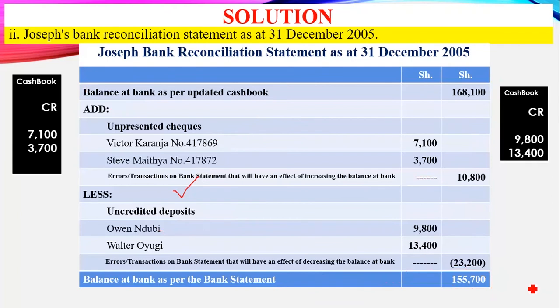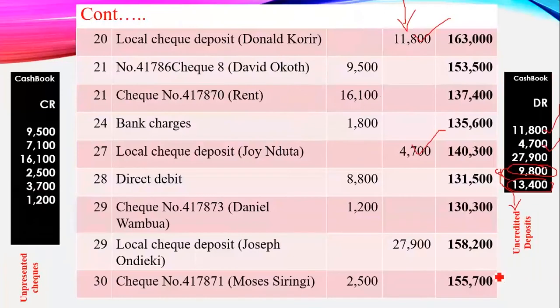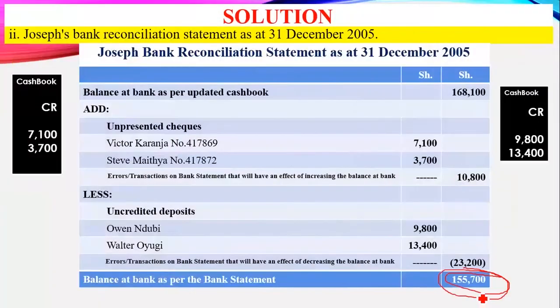And that is why we have prepared a bank reconciliation statement that has explained why we had that difference. And therefore, this figure here of 155,700 should be the closing figure as per your bank statement. So if you go back to the bank statement, the closing balance was 155,700, which is the same figure that we have gotten here after reconciling.